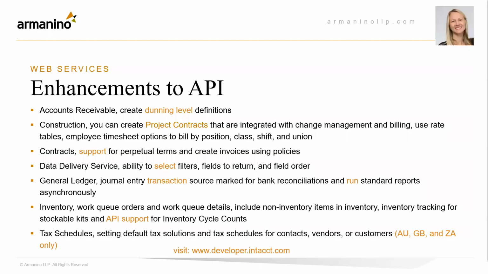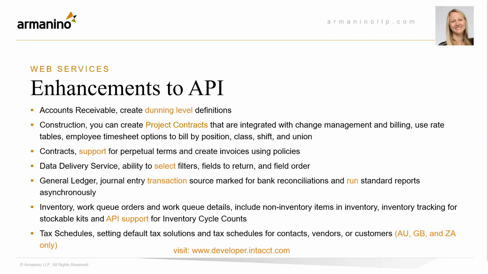All right. Web services. So there are several enhancements made to the API, which includes the Dunning level definitions, project contracts, then you have contracts, some of what Michelle was talking about before, the data delivery service, and the ability to select filters.